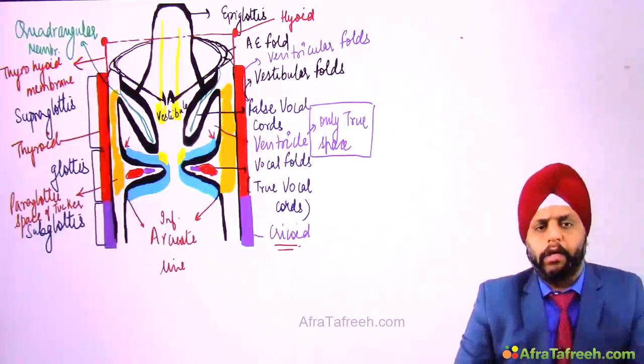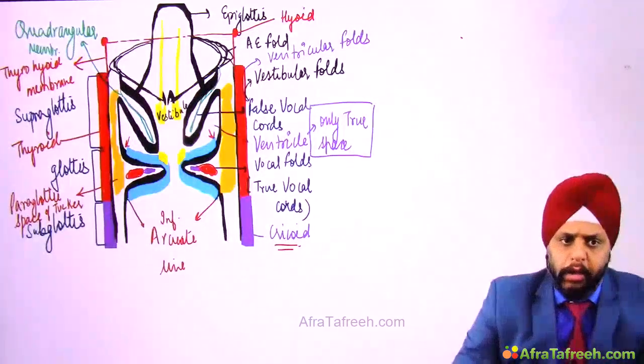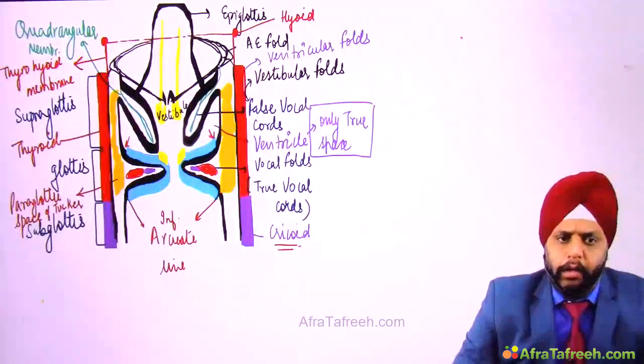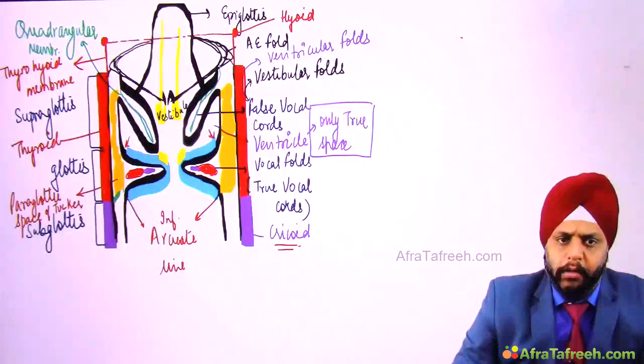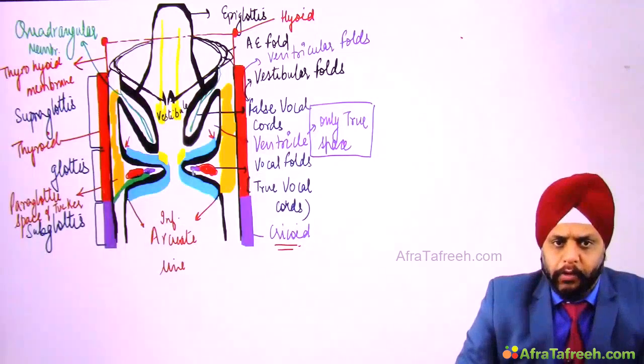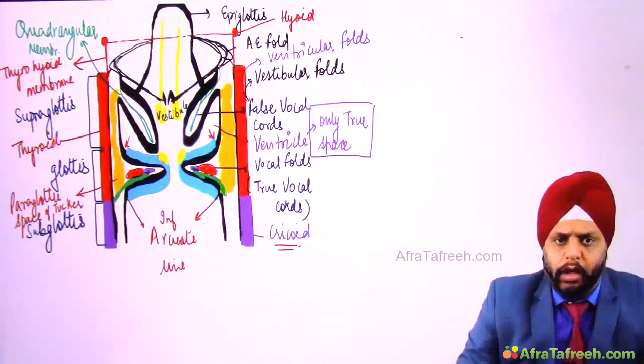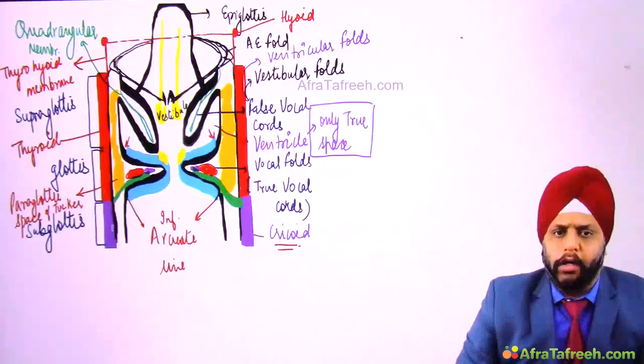Now what about the inferior medial boundary? Here you see there is a membrane, which I am now drawing; I haven't drawn it earlier. This membrane connects the vocal ligament to the cricoid cartilage.